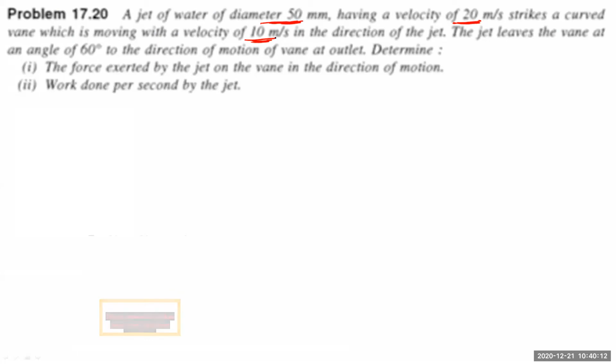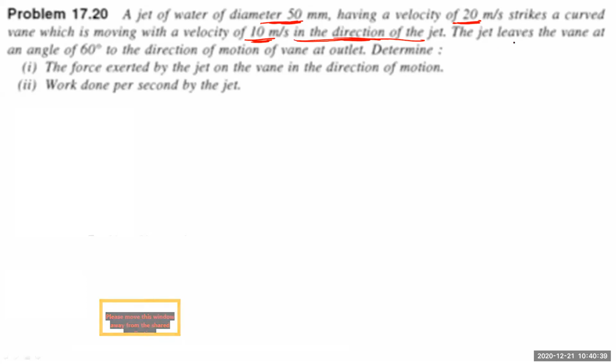While reading the question you can also write the given data in the direction of jet. Here you need to understand that the jet of water is striking in the direction of motion of the vane. This statement gives you information about how to draw the inlet triangle.